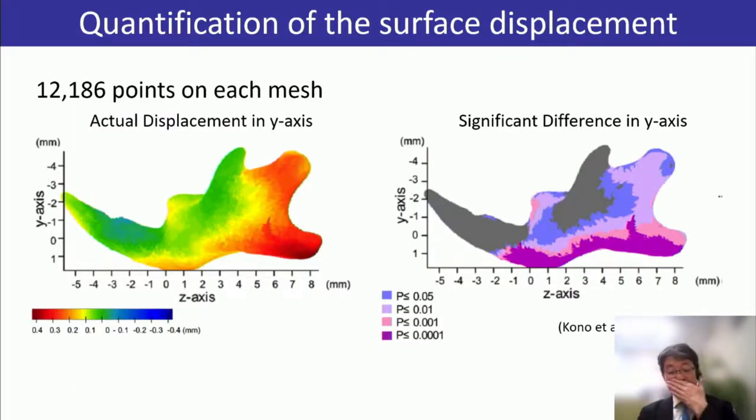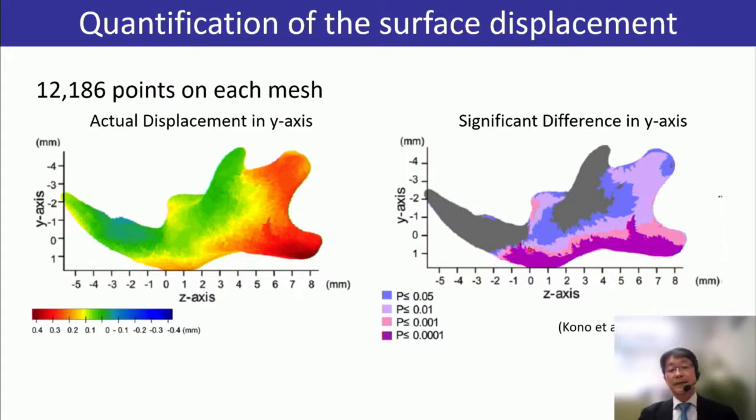In this study, the skeletal displacement was quantified by the actual displacement and the significant difference at each point. And those values were mapped on the 3D image as color codes. The color code of the left panel indicates the actual displacement.